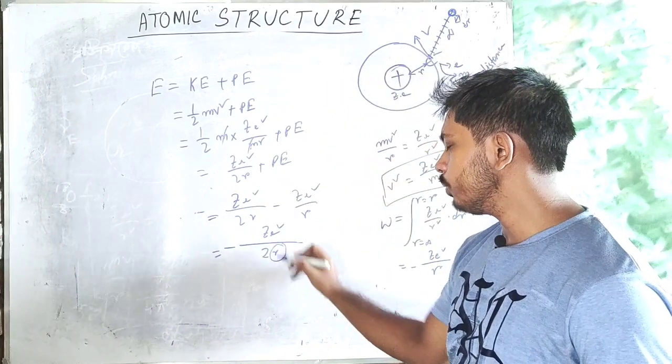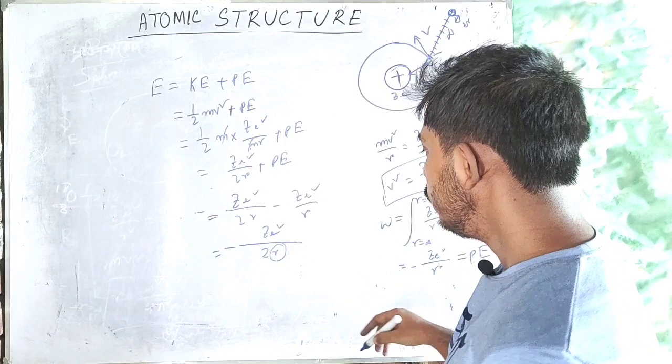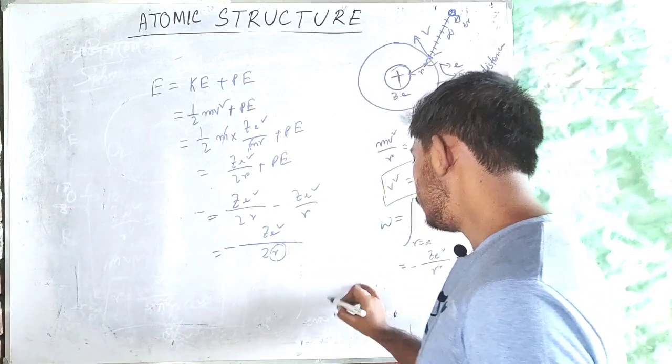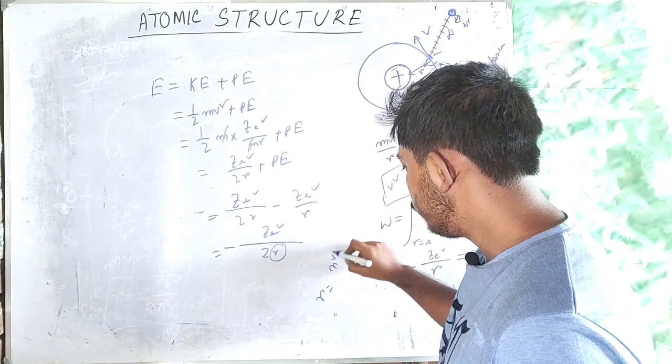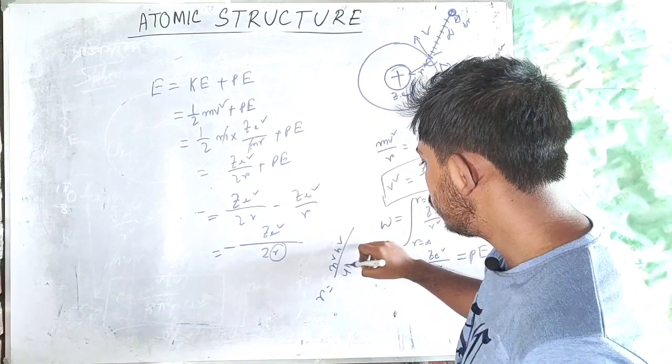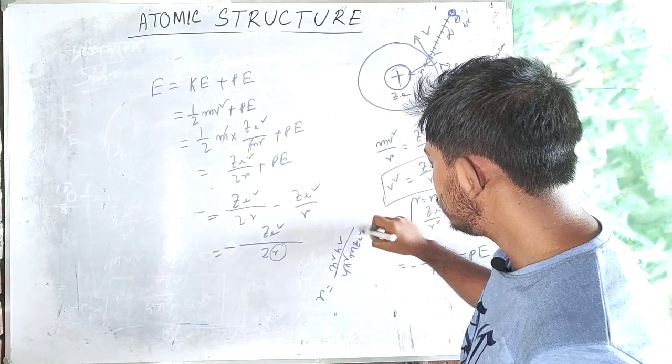Now putting this value of r, we have already seen that r is equal to n²h²/4π²mZe².